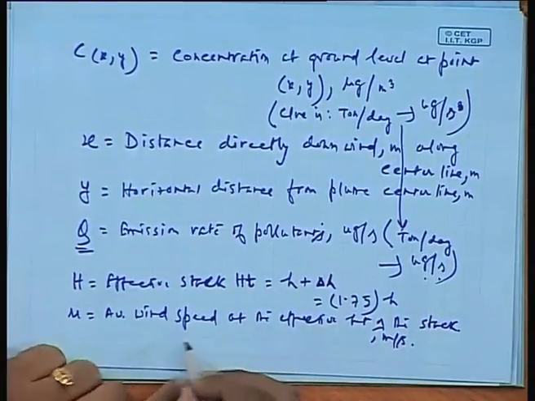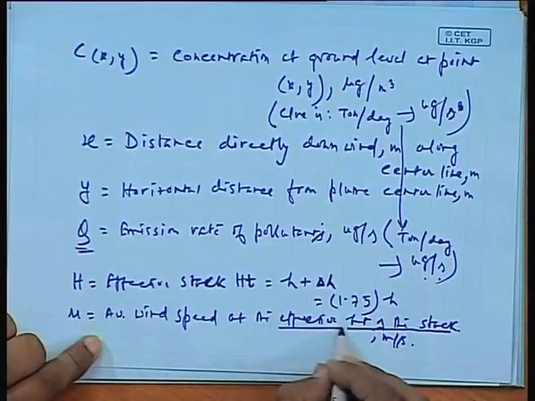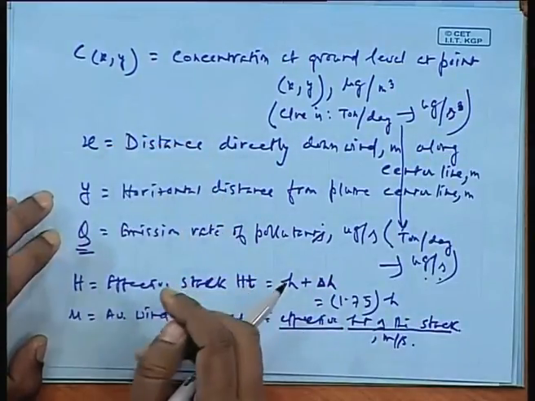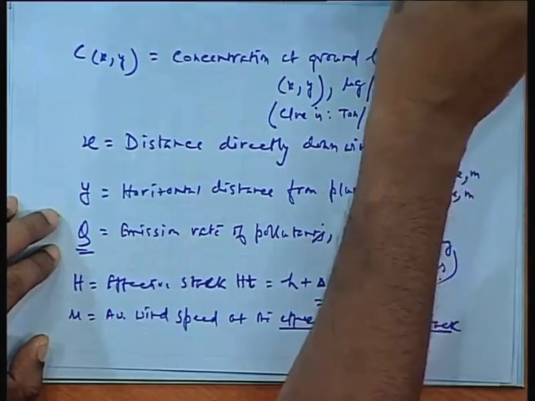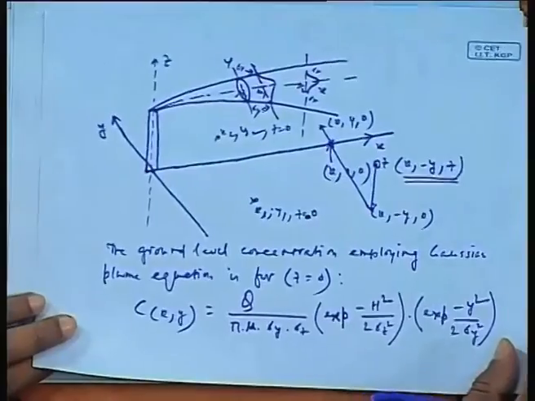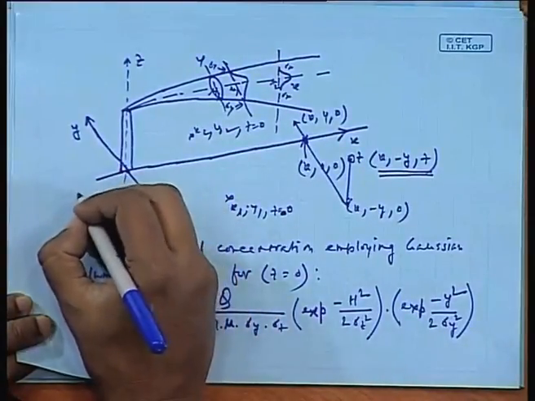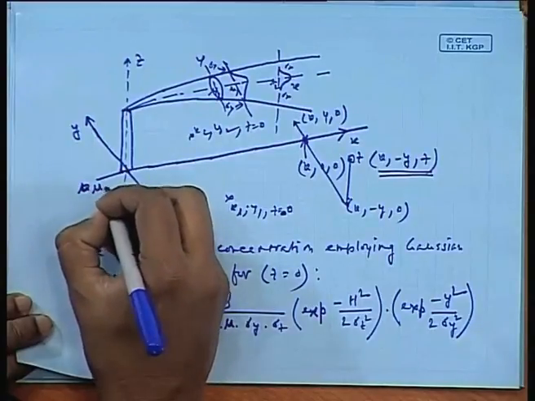One important thing here is the effective height of the stack. You will mostly be given the ground level velocity at the stack. The ground level value U0 would be given.